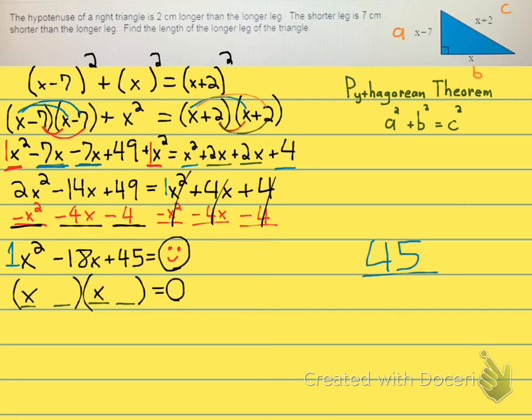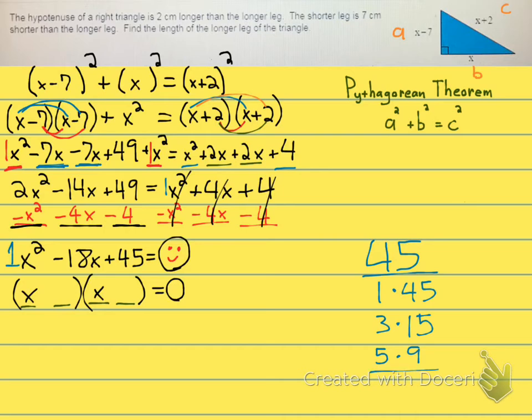All the possible factors of 45. 1 and 45. Does 2 go into 45? No. Use your calculator. You'll get a decimal. 2 doesn't work. What about 3? Yeah, 3 works. 3 and 15. 4, nope. 5, yep. 5 and 9. 6 doesn't work. 7 doesn't work. 8 doesn't work.